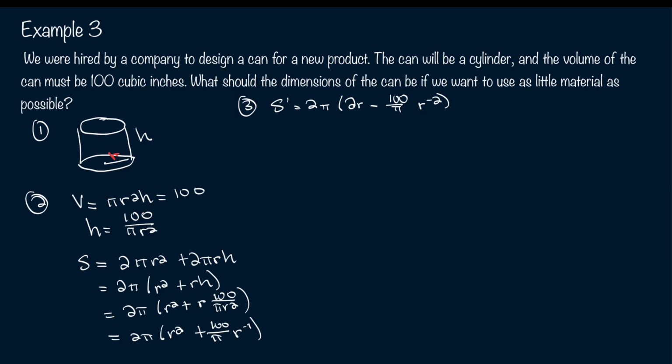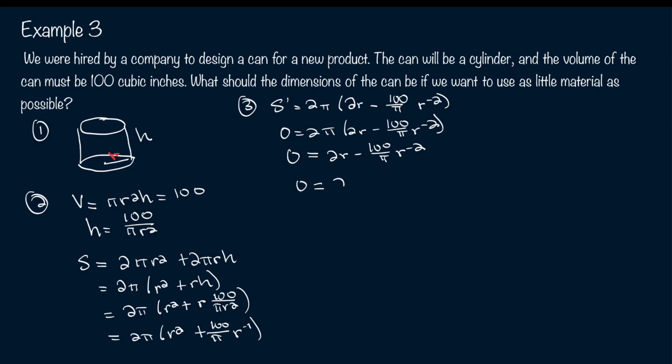So now we can take this, set it equal to 0, and let's go ahead and find our critical values. We divide 2 pi to both sides. We get 2r minus 100 pi r to the negative 2. We're going to multiply r squared to both sides.